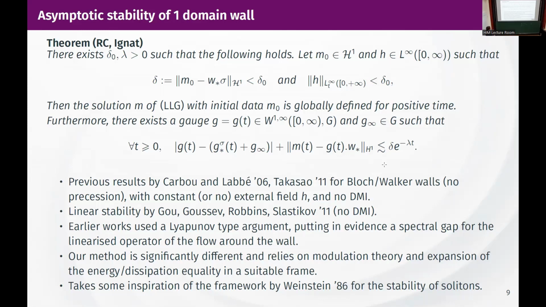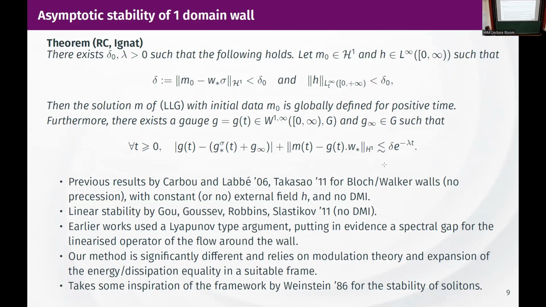The point is that when you have a constant external field, then the domain wall is like a fixed object, and you can do a linear analysis around this fixed object, and really study the linearized flow. They put in evidence a spectral gap, which is what you always need, and very important. The point is that when you have a varying field, this collapses. I don't know how to do it.